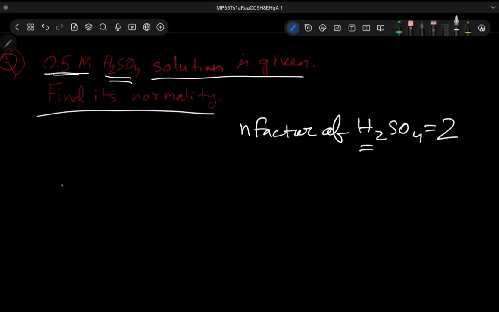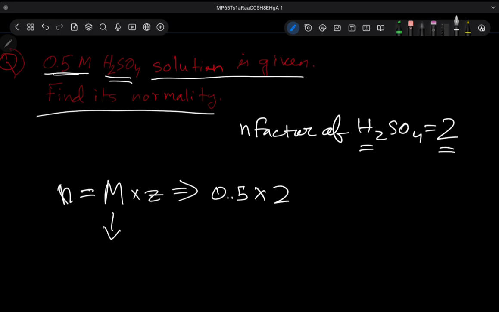So the solution will be, we know that normality equals molarity into Z factor. Molarity is 0.5, the n factor or Z factor is 2, so 0.5 into 2 is 1 normality, and the rest of the part we will cover in lecture 2.